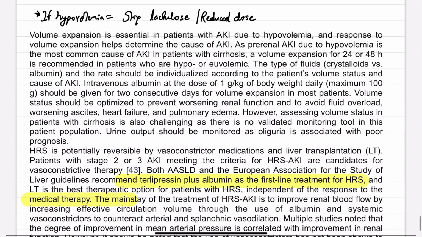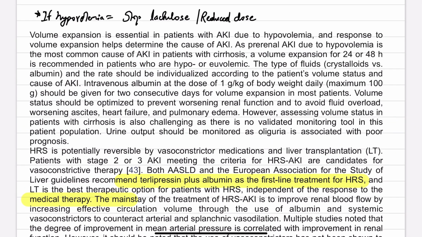So what if the patient has hypovolemia? As you know, in a cirrhosis patient, to prevent hepatic encephalopathy, we have to give laxatives. So we have to stop those because they will lead to fluid loss and also increase the chances of AKI. So you have to expand the volume. The volume expansion can be by crystalloid or albumin.